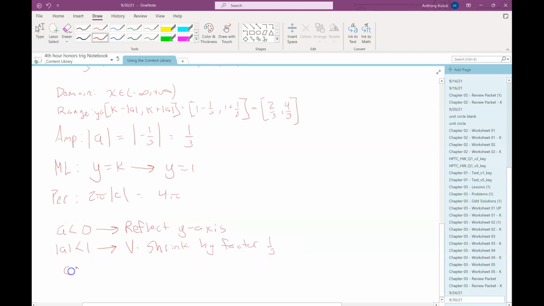Since the c is positive, there's no reflection on the x-axis. Oh my goodness. That's the x-axis one. The c is the y-axis one. Eep! Sorry about that, guys. A is x-axis. C is y-axis.